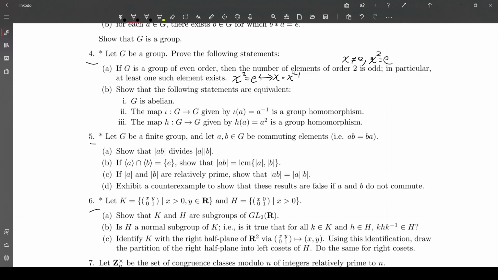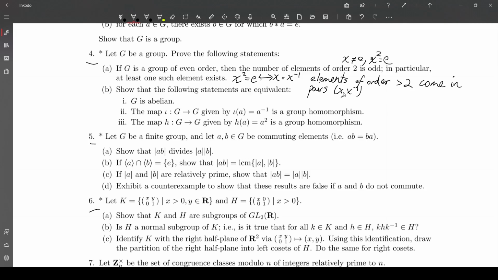So basically, the elements that don't have order more than 2, they are not equal to their own inverse. And so those elements of order greater than 2 come in pairs, x and x inverse, right?